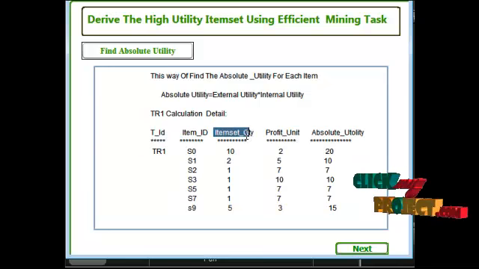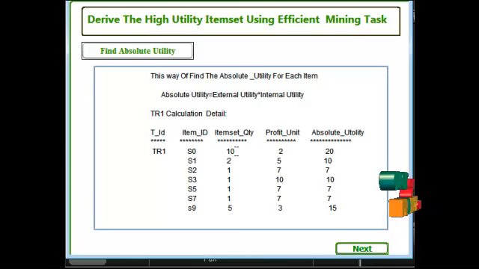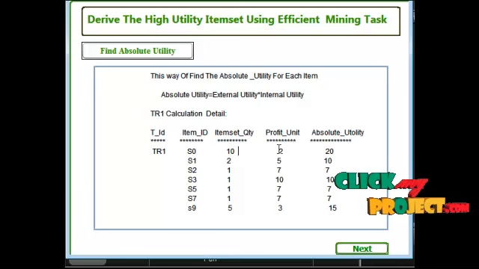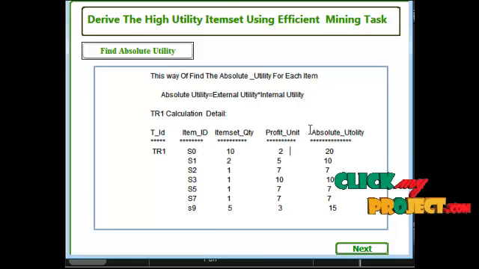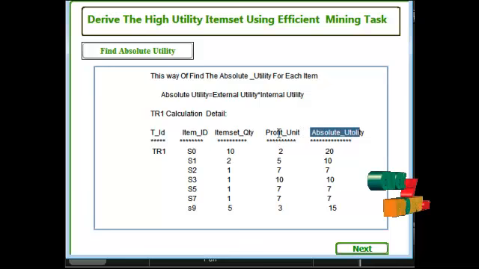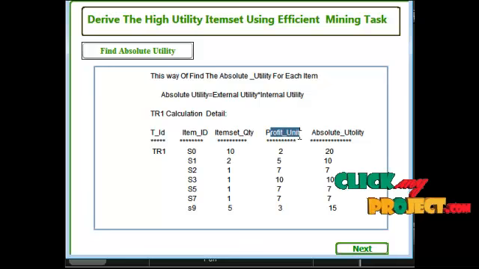The item set quantity shows that item S0 is purchased in 10 kgs in this first transaction, and the profit unit is S0's profit unit. So we calculate the absolute utility by multiplying the item quantity and the profit unit.